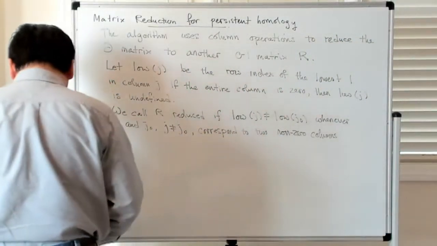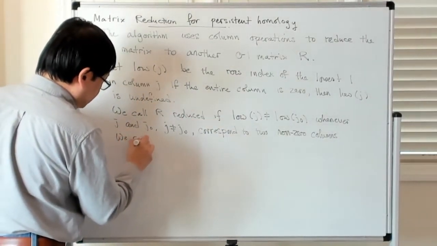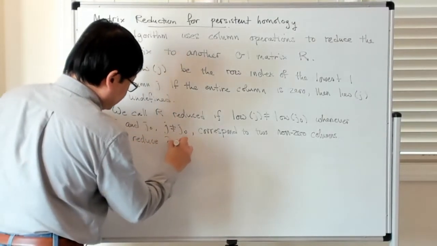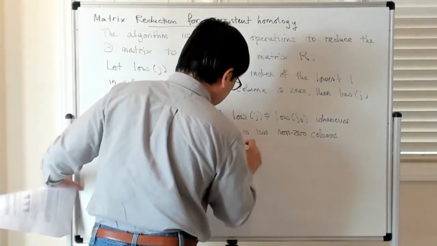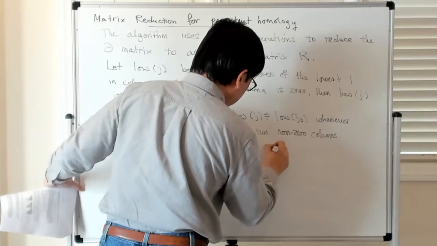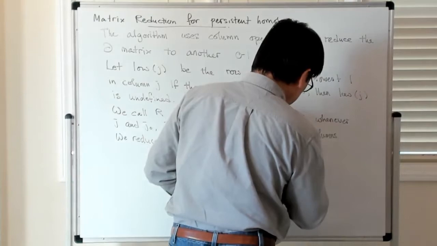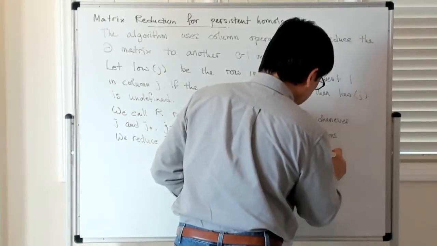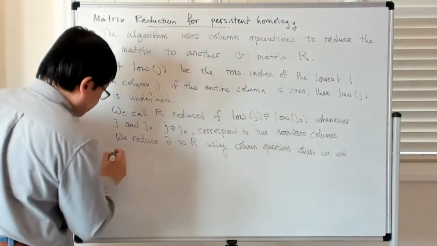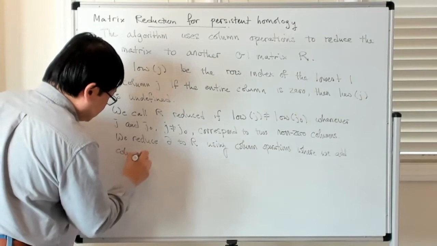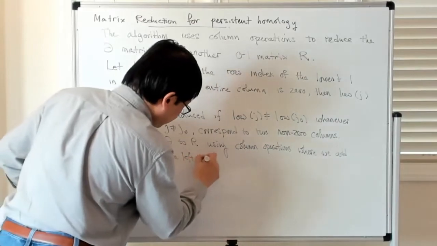So we reduce the boundary to R using column operations, where we add columns from the left to the right.